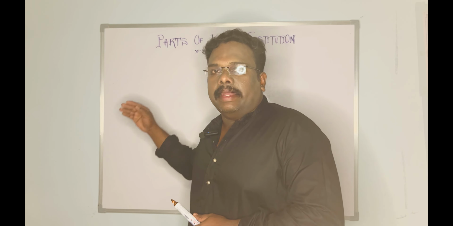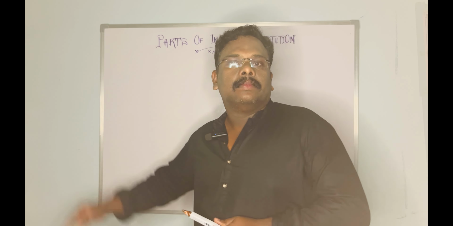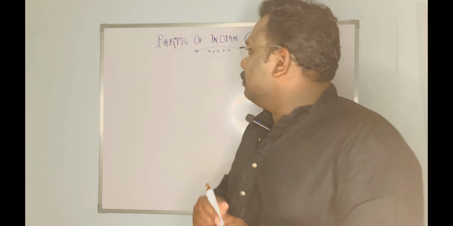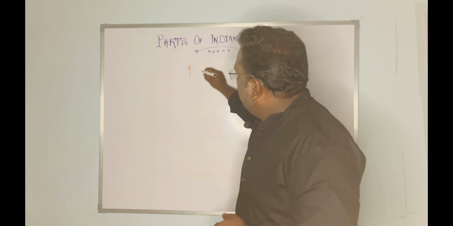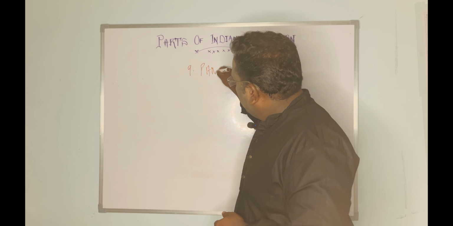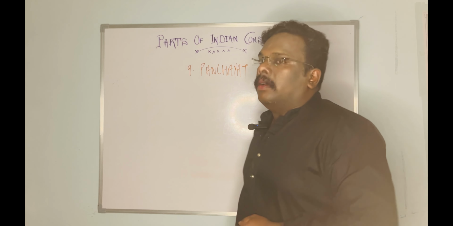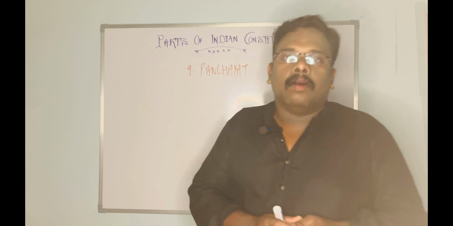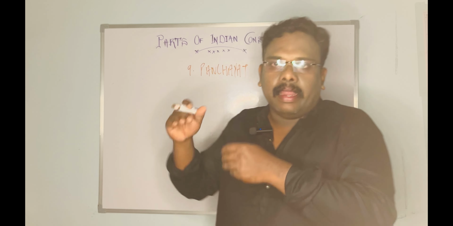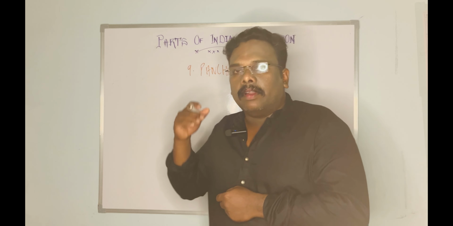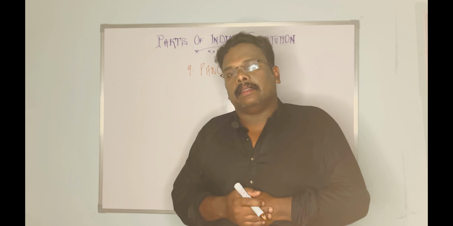Then we will go to the next part. After union territories comes Panchayat, part 9. I told you 4 parts were added to the constitution at a later stage. I have already told you that one was fundamental duties.